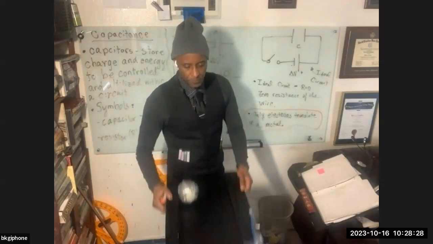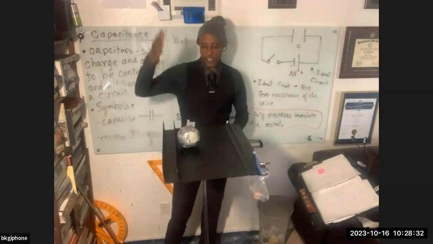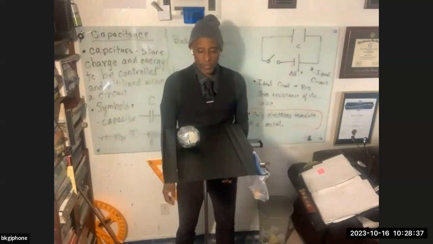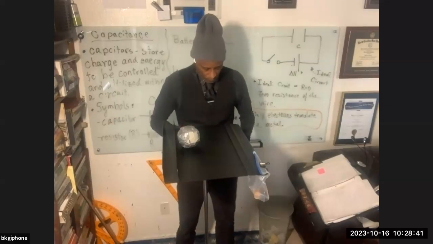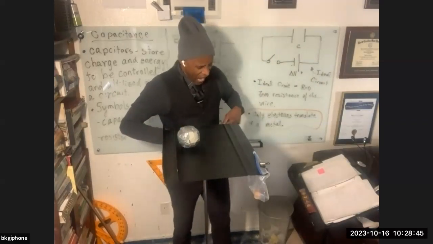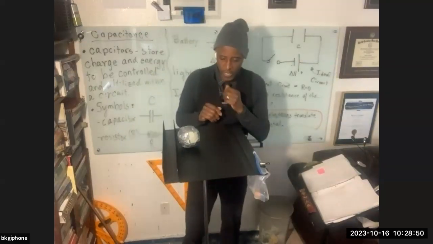In this discussion I've been giving you, let's say that this ball is an electron. And let's say that this is the negative lead and this is the positive lead whenever I apply my battery.